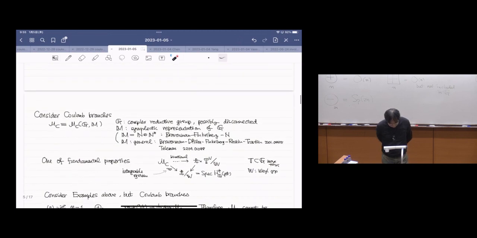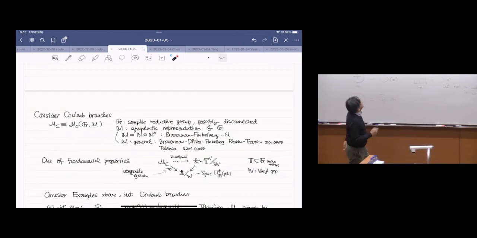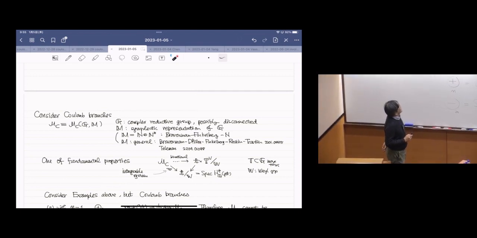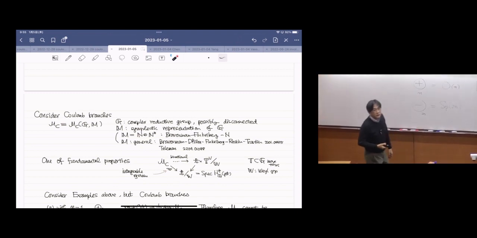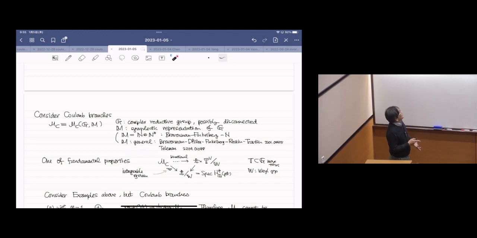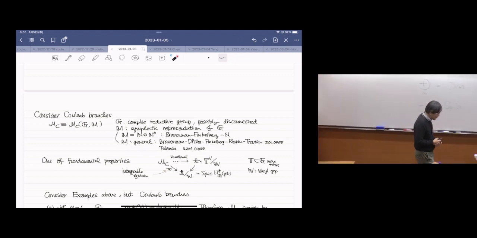So now I consider the Coulomb branch. As I said, this construction is general if you have a complex reductive group. And maybe I should emphasize that this could be disconnected because we are considering the orthogonal group. I won't remind you of the construction, but it uses the affine Grassmannian.